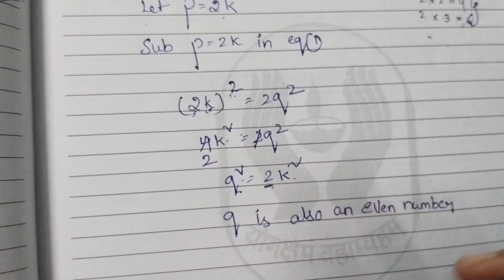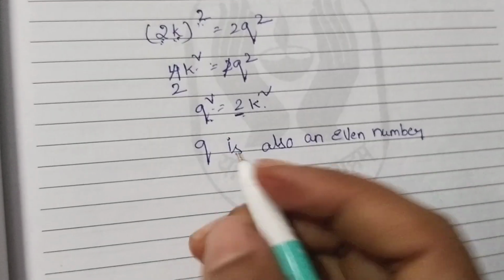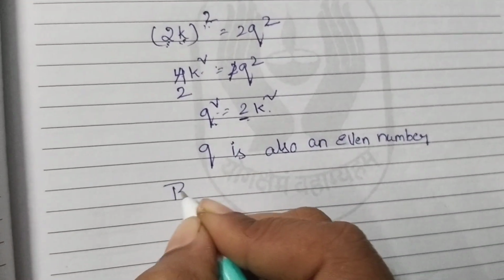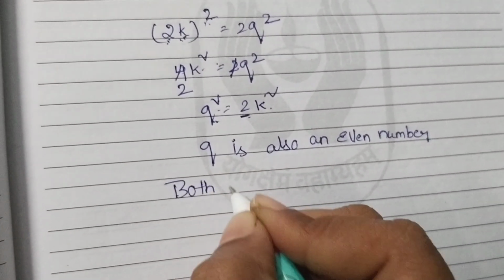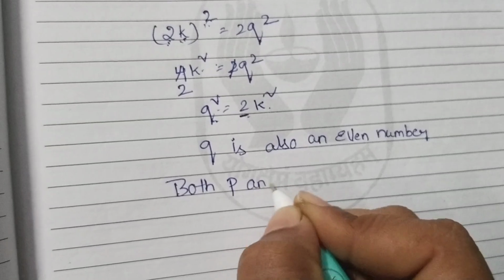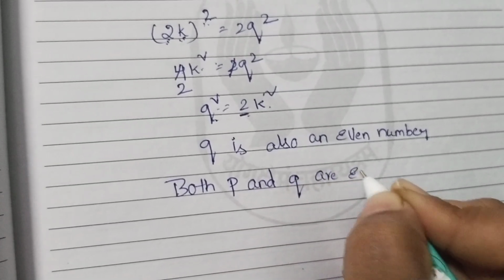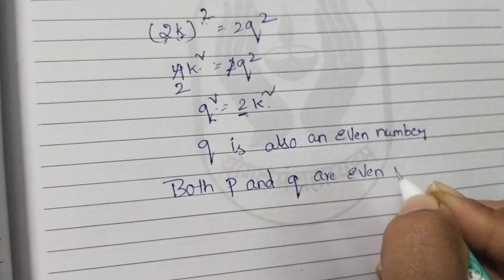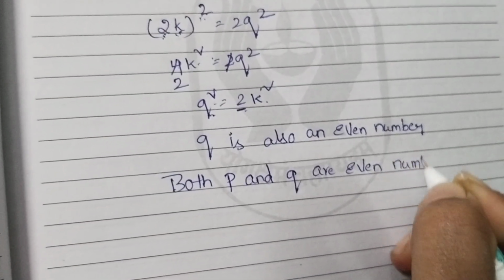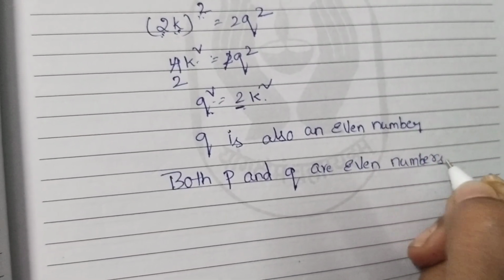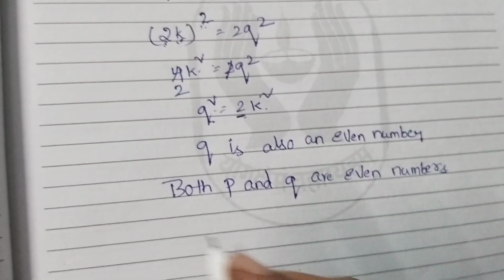Okay, children. Now both p and q are even numbers.